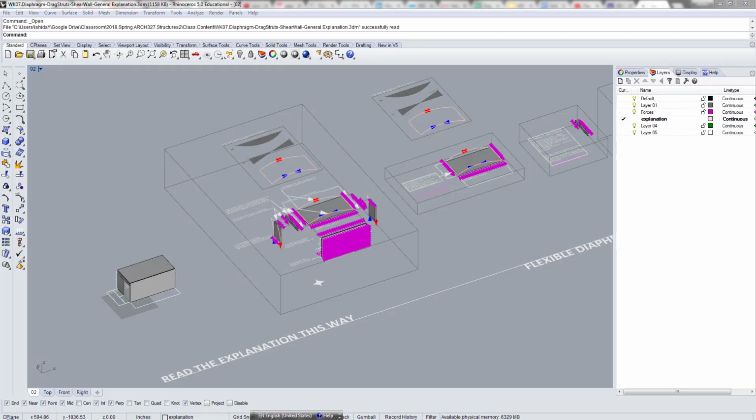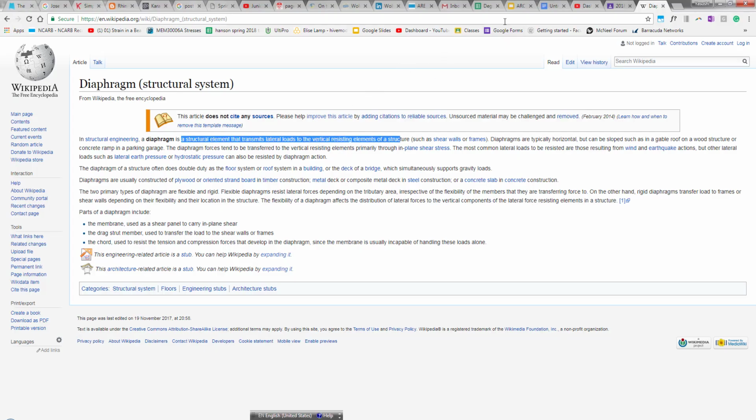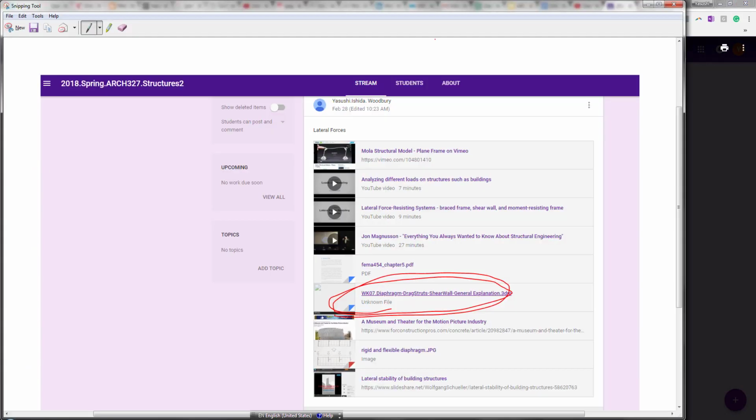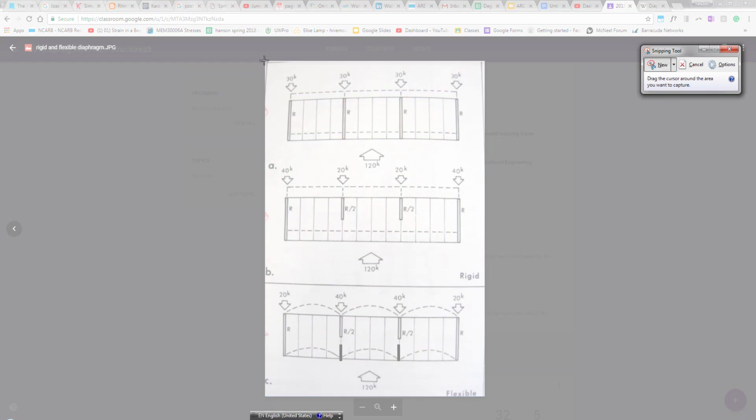And so there are roughly speaking two kinds of different diaphragms. This is not a super nice slide or anything like that, but this is for a really quick explanation purpose.